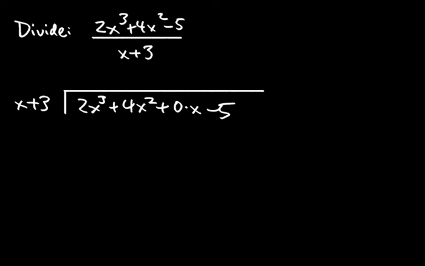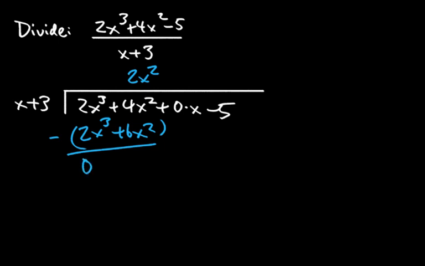Since we don't have that, let's not do that. Alright, so what are we going to multiply to get 2x cubed? Well, 2x squared, that works. So we get 2x cubed, and then plus 6x squared. Subtract that whole thing, we end up with 0, and then minus 2x squared.